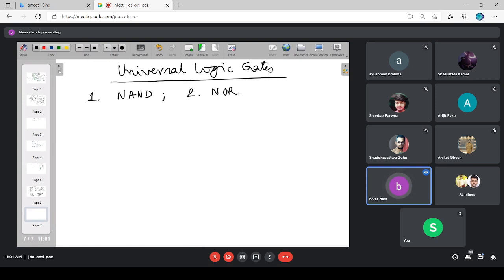This NOR and NAND, these two are called universal logic gates. Now, what do we mean by universal logic gate? Sir, we can make other gates using these two gates.